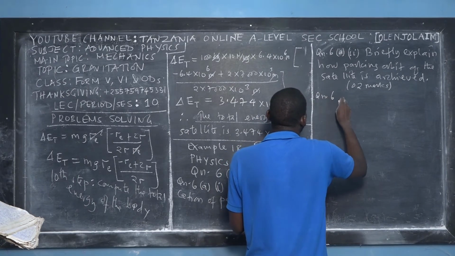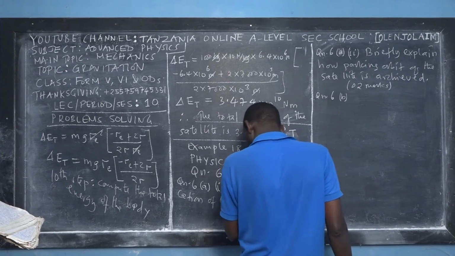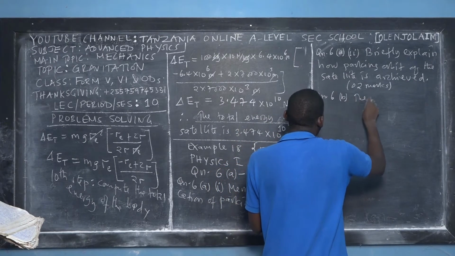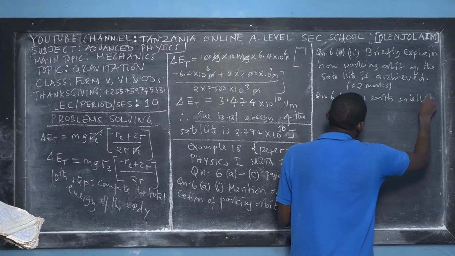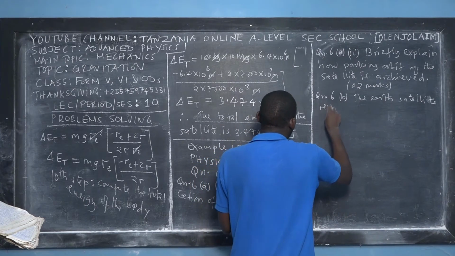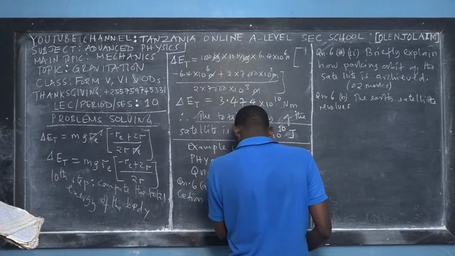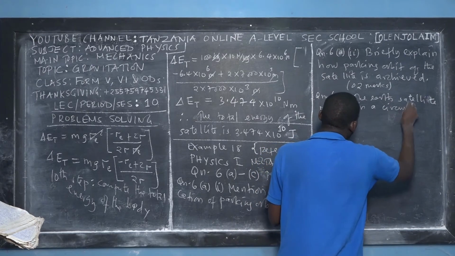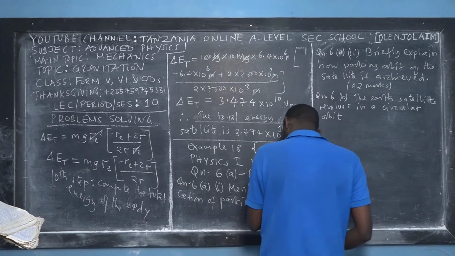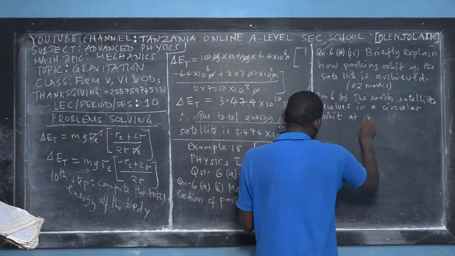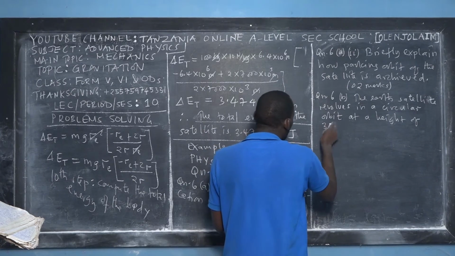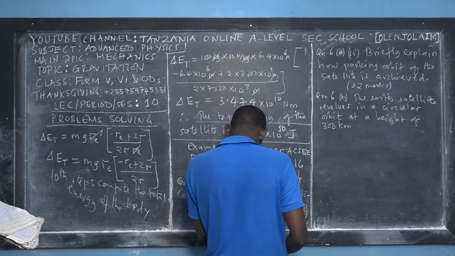So question number 6B, right? Question number 6B also has Roman parts. A satellite revolves in a circular orbit at a height of 3,000 kilometers above the Earth's surface.